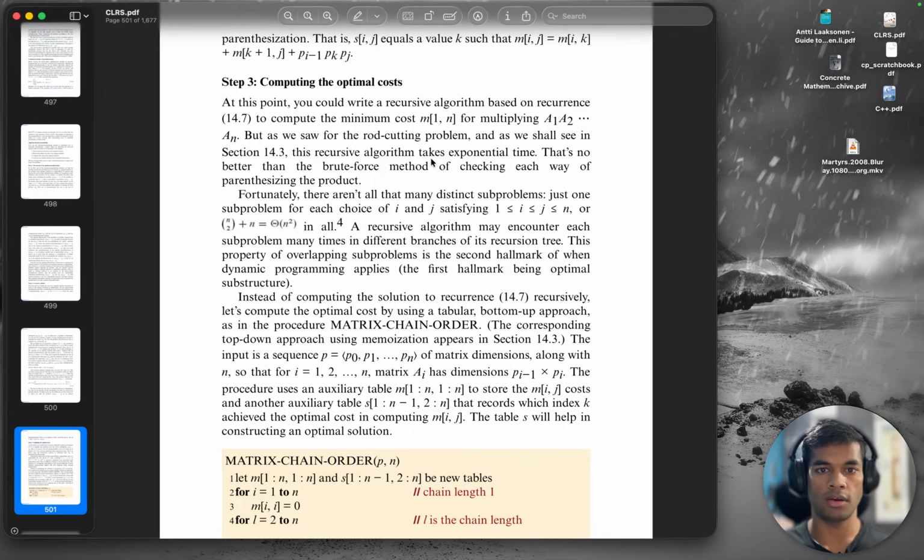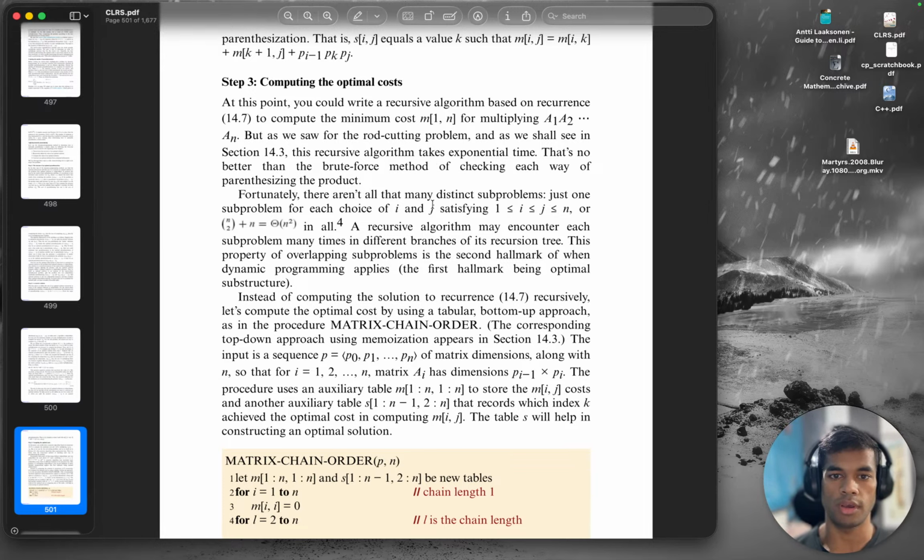Fortunately, there aren't all that many distinct subproblems, just one subproblem for each choice of i, j, and k satisfying this condition, which is more like n squared. So a recursive algorithm may encounter each subproblem many times. And why have they written it like this? Because for every choice of i, j, we have only one subproblem.